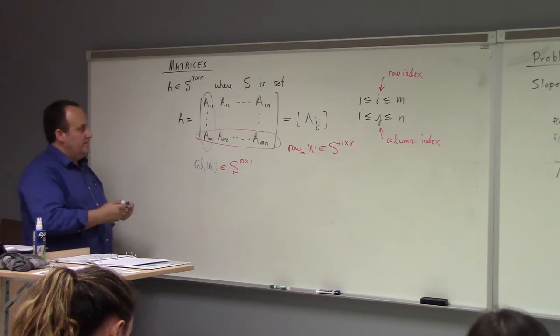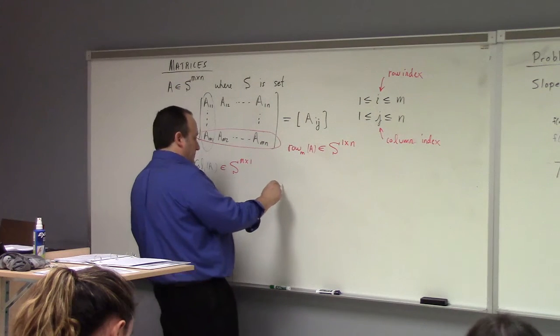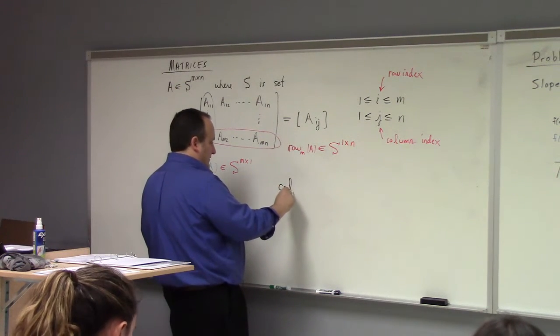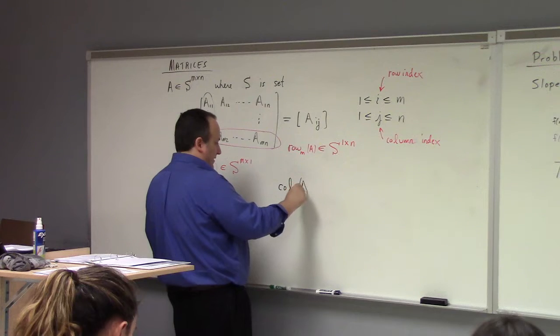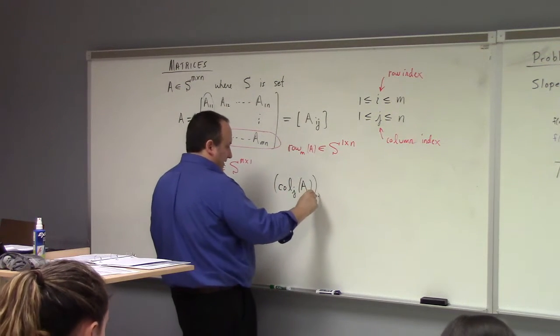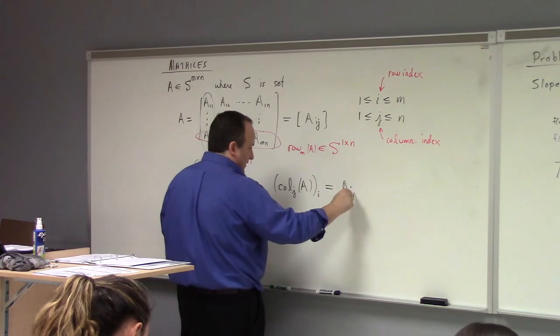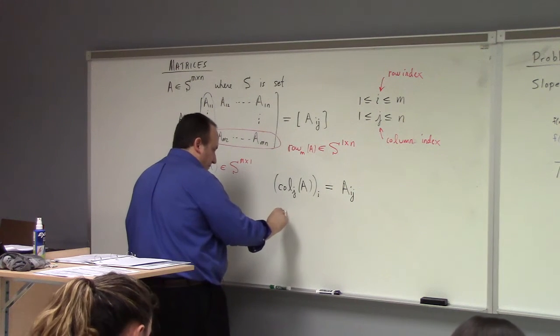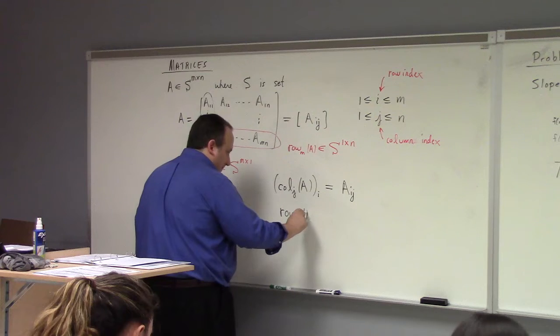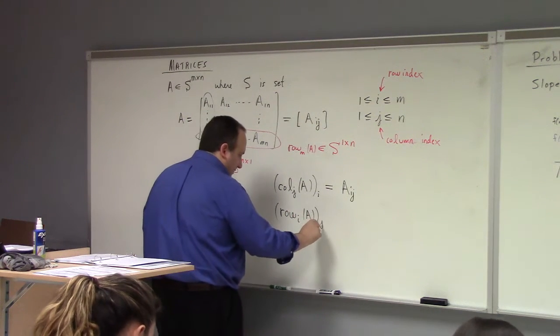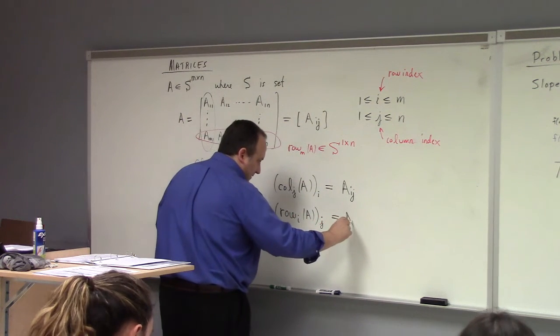And here's the definition. If we calculate the jth column of A, the ith component of that, what is that? Well, that's Aij, right? If we calculate the ith row of A, the jth component of that, that's Aij.